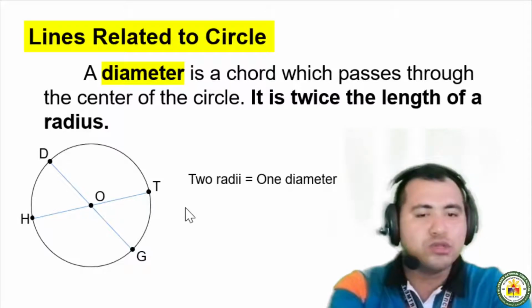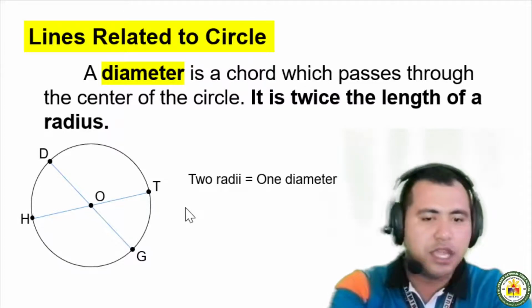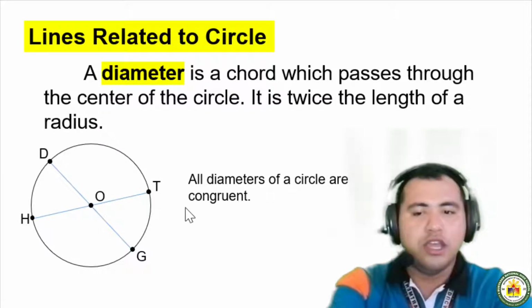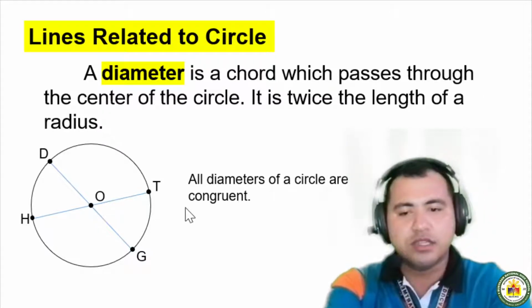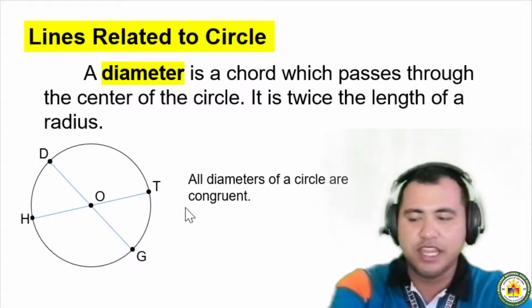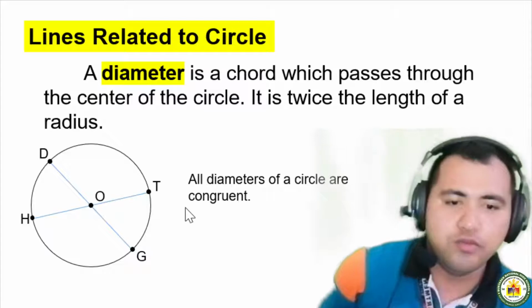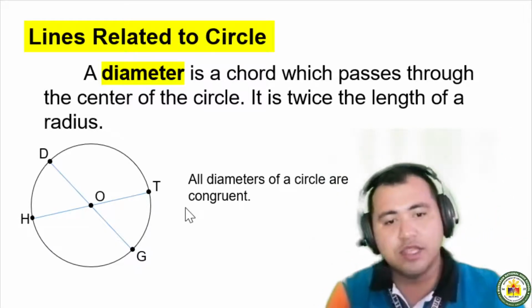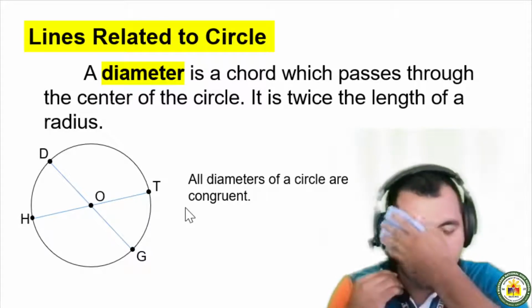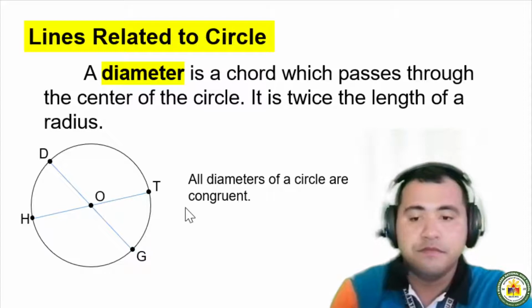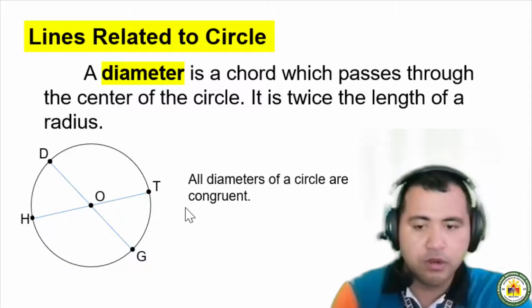That is, 2 times radius is equal to diameter. That's it. Now, it is also said that all diameters of a circle are congruent. Just as we said earlier that all radii of a circle are congruent, all diameters are also congruent.